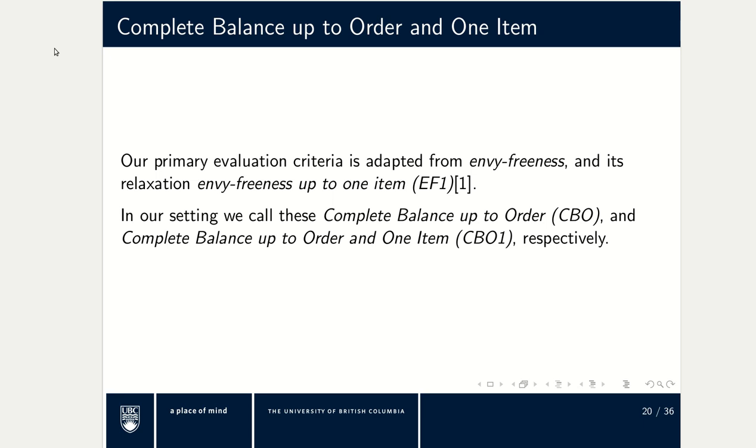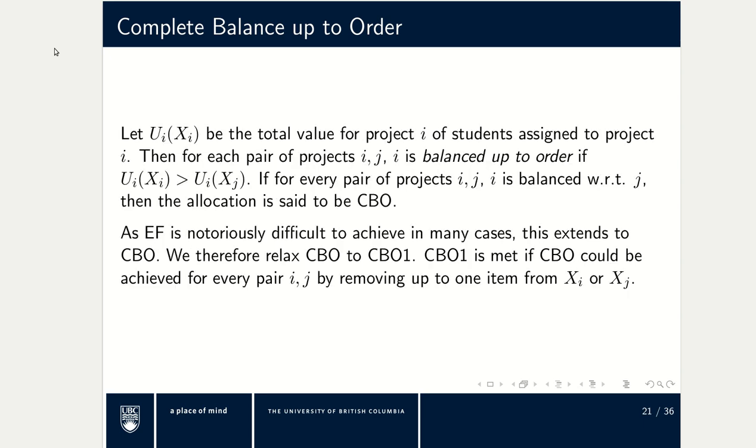In our setting, just to alleviate confusion when dealing with people, we call these complete balance up to order and complete balance up to order in one item, respectively. These are essentially the same as envy-freeness and envy-freeness up to one item.